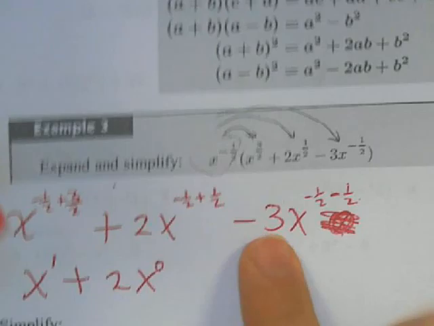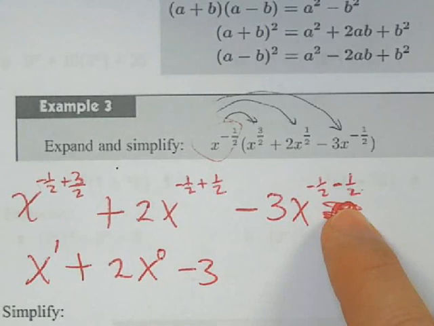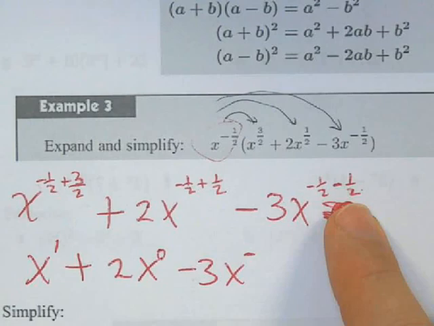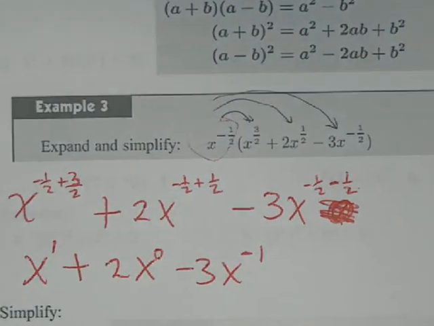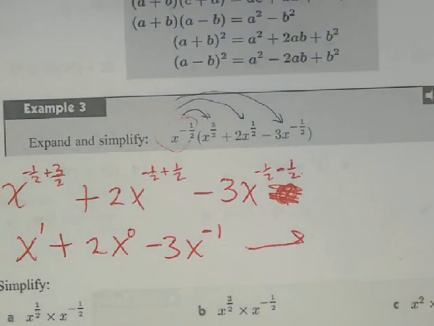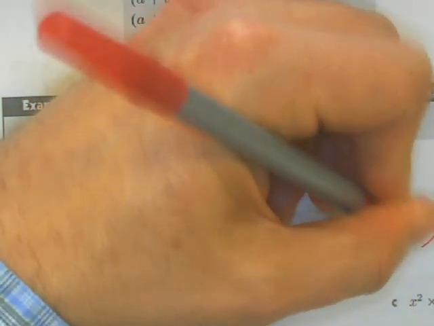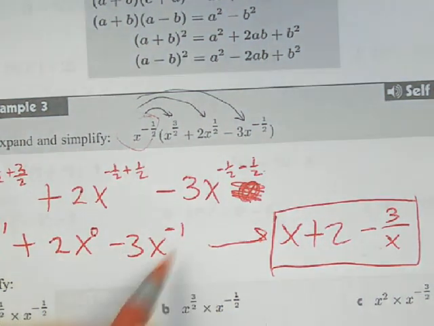And x to the negative 1/2 times x to the negative 1/2: negative 1/2 and negative 1/2 is negative 1. Okay, so this simplifies to x plus 2 minus 3 over x. The only thing to the negative power is the x here.